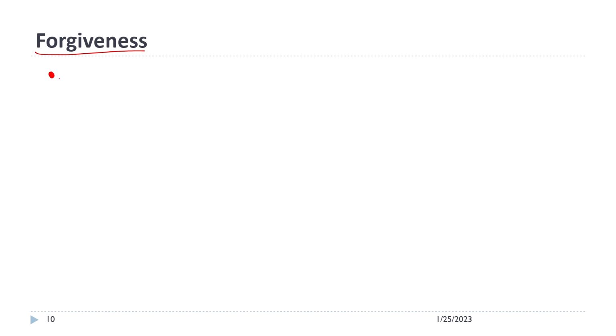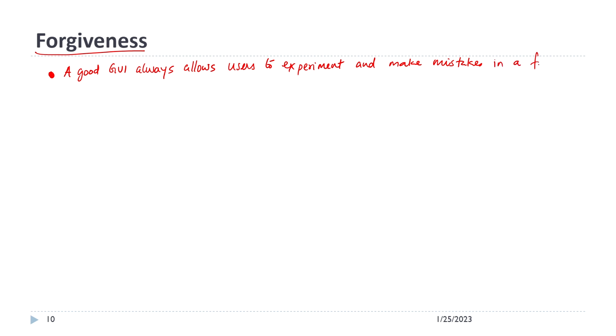So, the major aspect of it is a good GUI always allows users to experiment and make mistakes in a forgiving way.